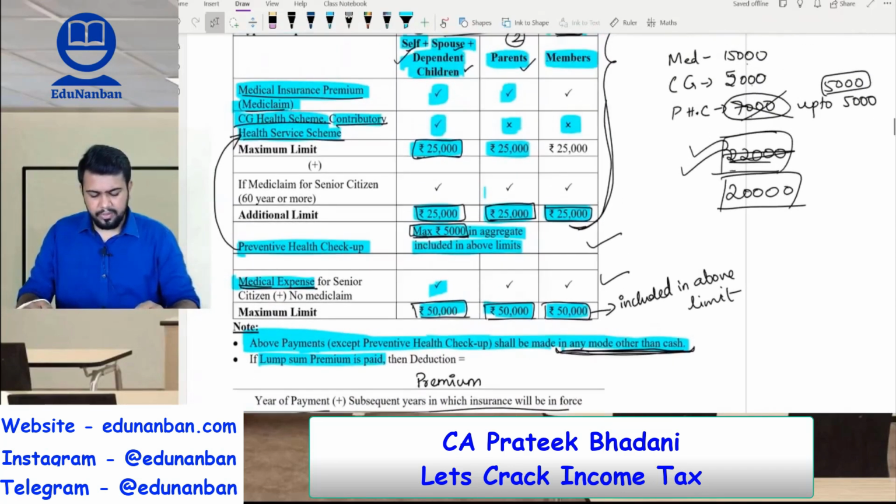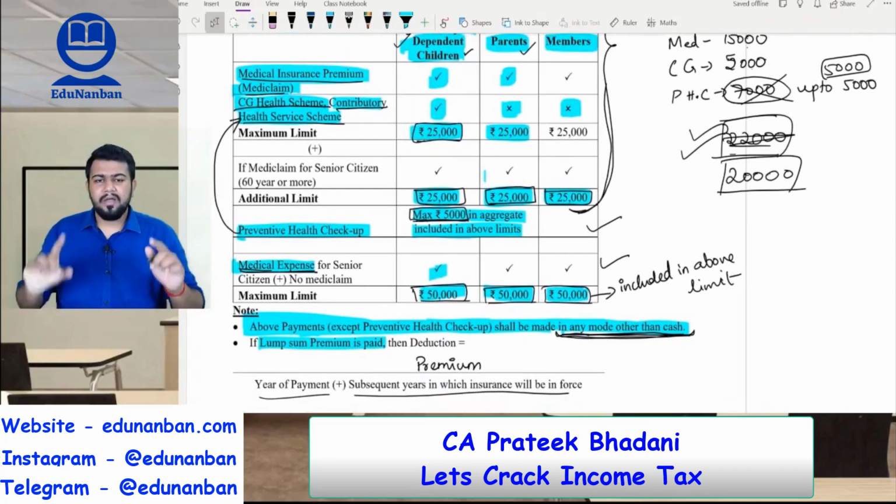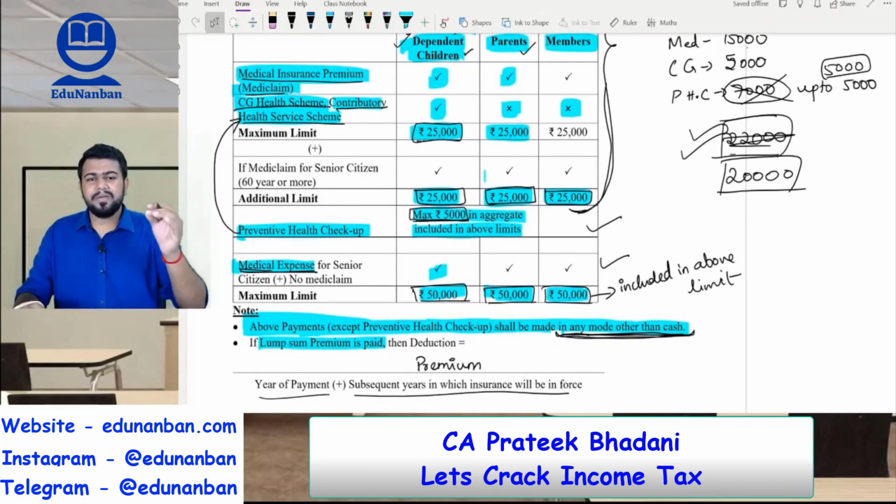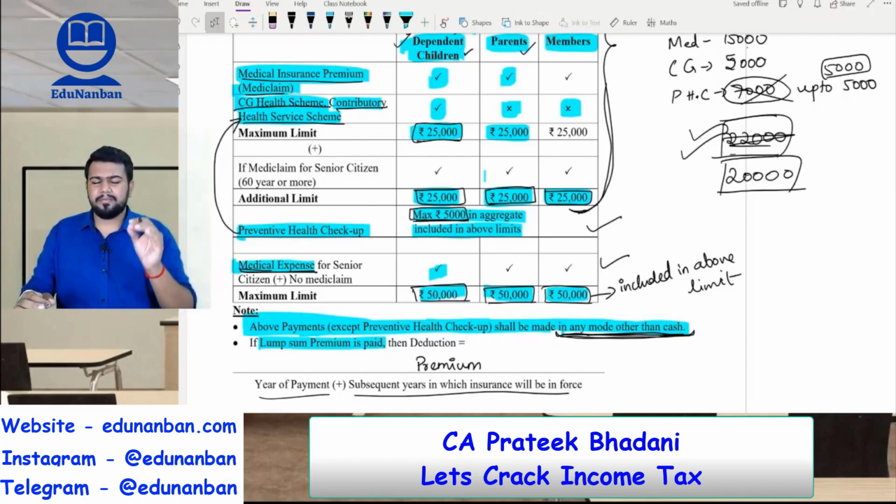Fine. Now, there can also be a situation where a lump sum amount of medical premium is paid for multiple years together. In such case, the premium allowed as deduction will be the total premium divided by the number of years.